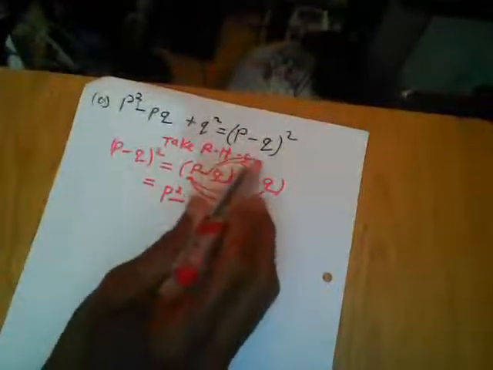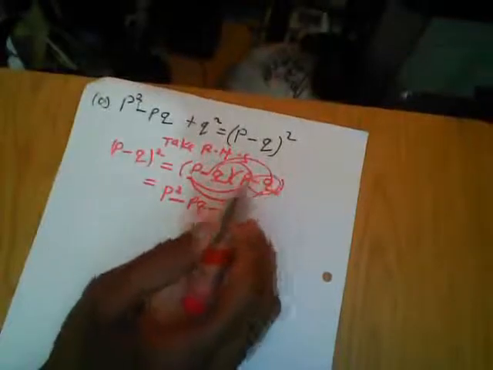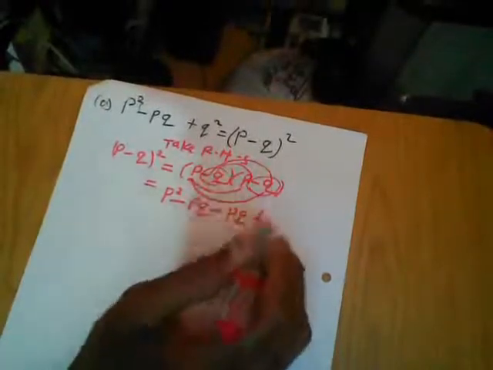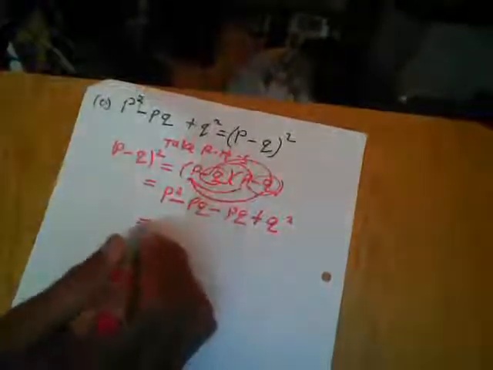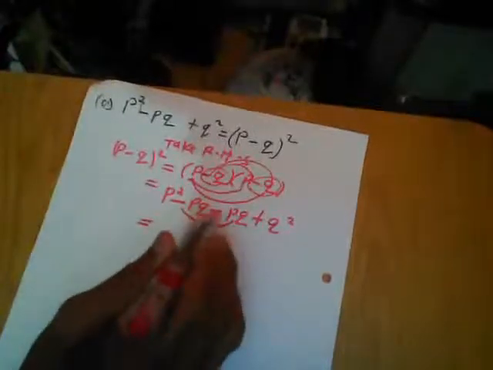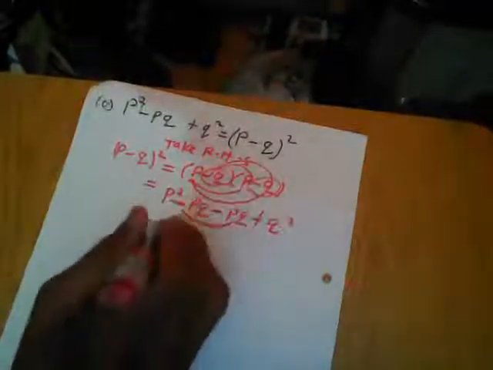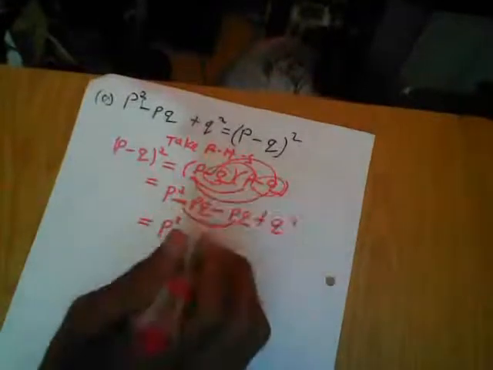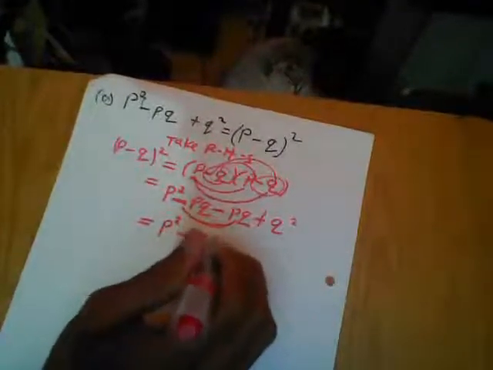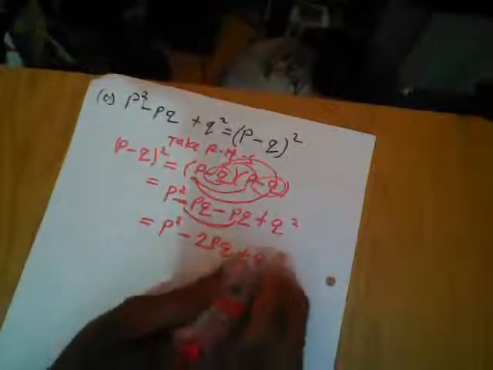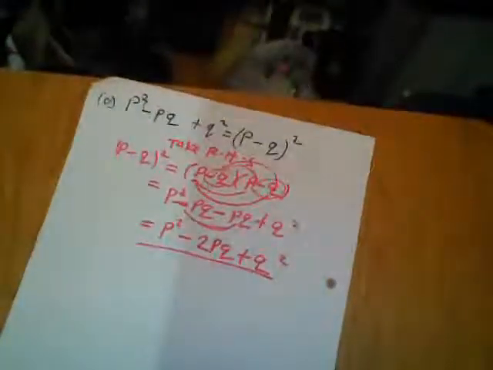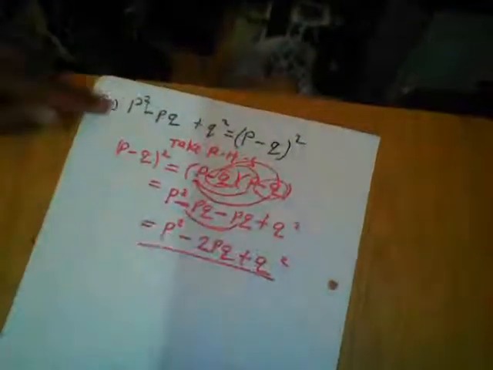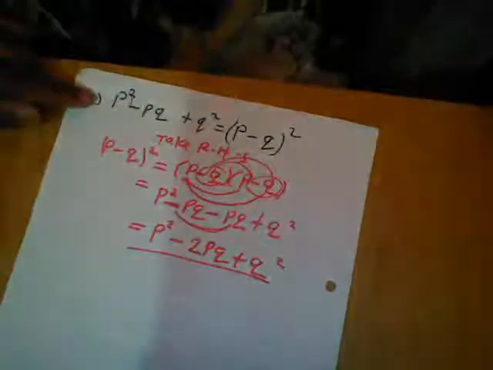The second one with the second one means negative Q times negative Q, which is plus Q squared. These are like terms and they both have a negative, so we combine them together. It's going to be minus 2PQ plus Q squared. No, it's not true. So the right hand side is not equal to the left hand side. For that case, it's not true.